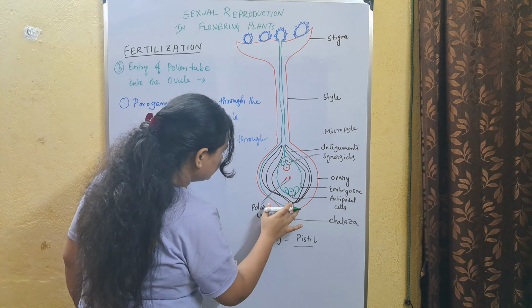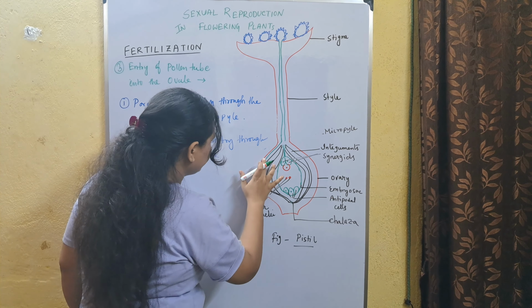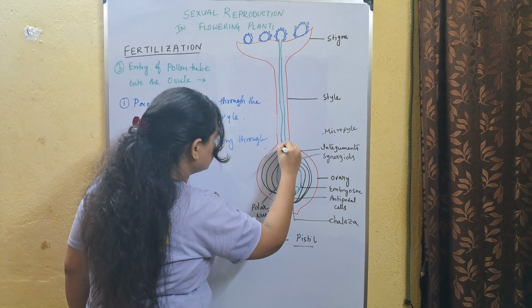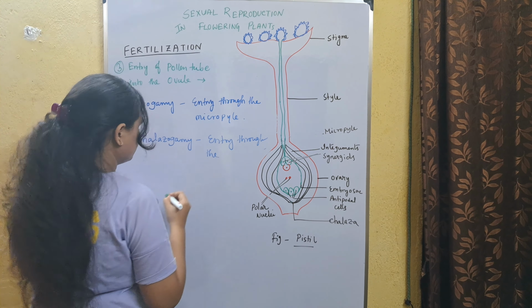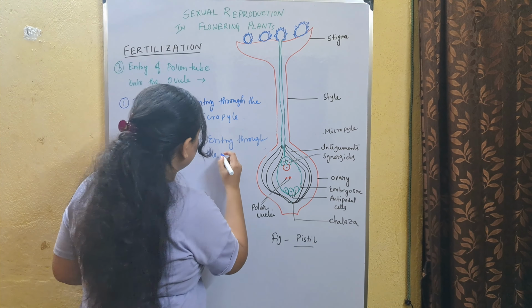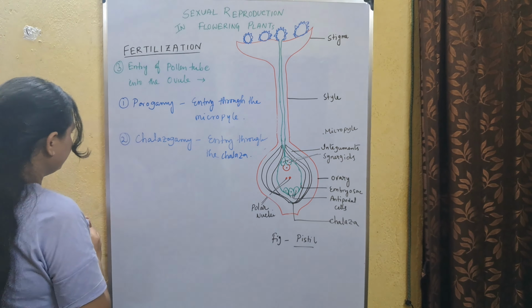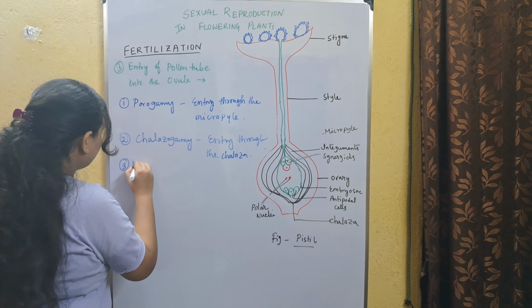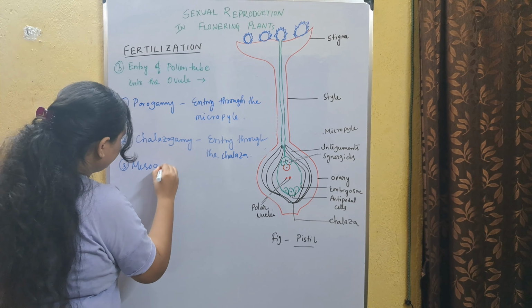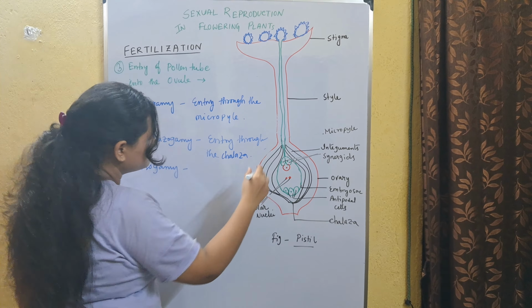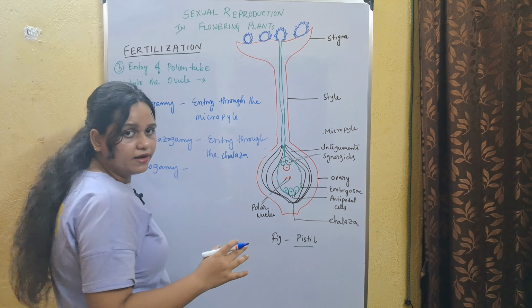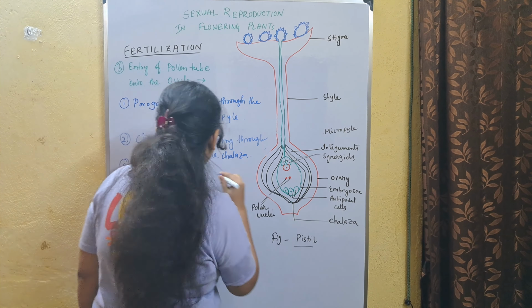But in our study, we will be learning about porogamy. And in case of mesogamy, there is another case, in which the pollen tube will enter the ovule through the integuments.